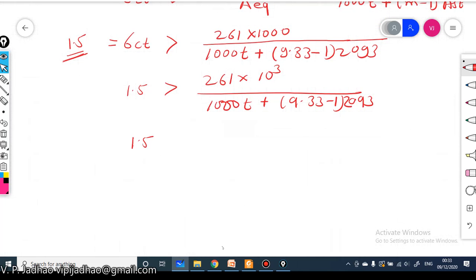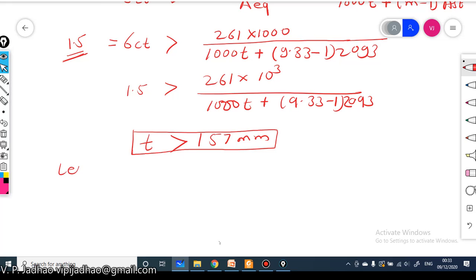So we get this T is greater than 157 mm. So the thickness of your water tank wall should be more than 157 mm.